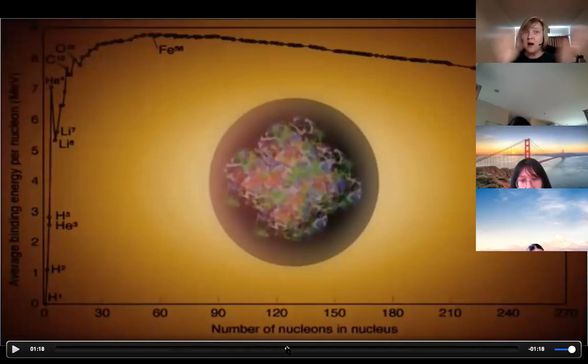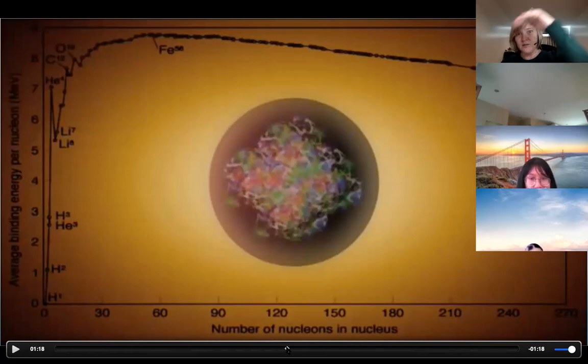So after iron, the nucleus becomes bigger than the distance where the strong force overcomes electrostatic forces. So past iron, you see the graph start decreasing because as you add more nucleons, the electrostatic force of repulsion wins over the strong force of attraction.